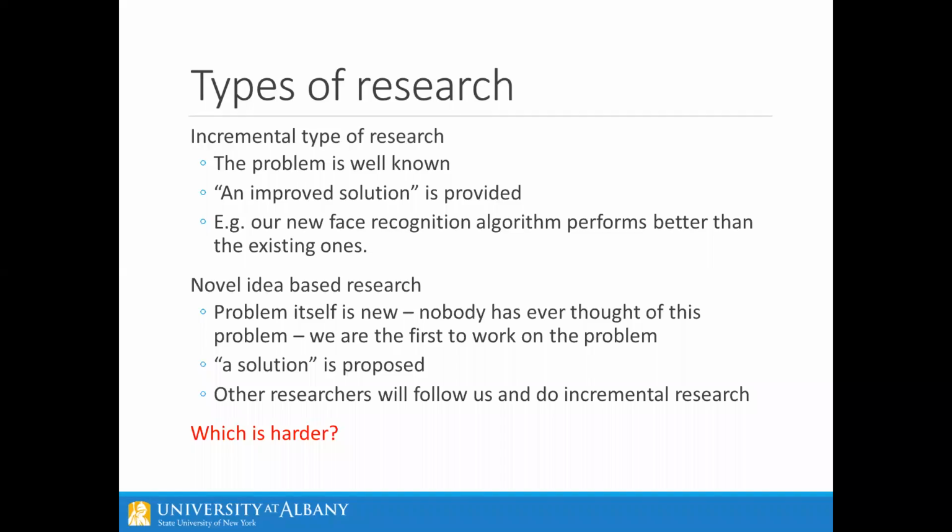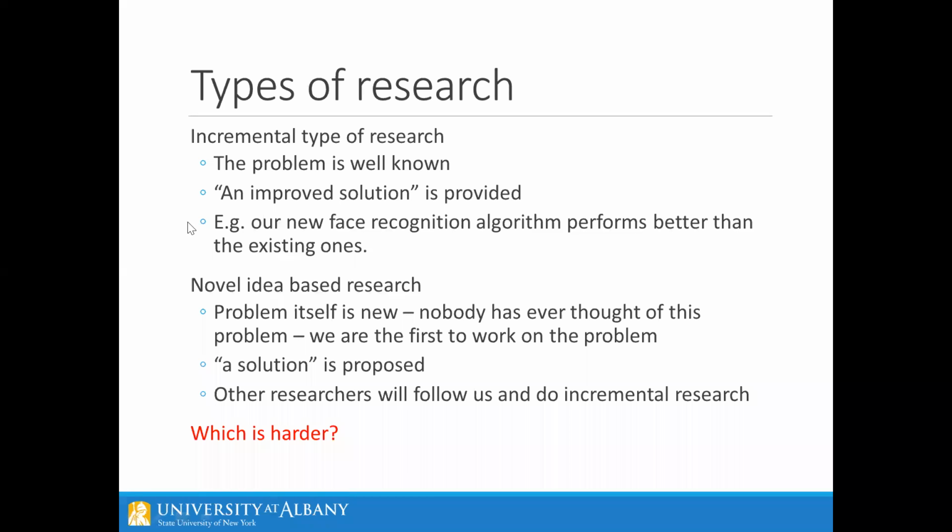Face recognition is already a known problem, and many people have worked on that. And you are coming up with another solution to that problem, which is better than existing solutions in some sense. Maybe existing solutions had 90% accuracy, and you are coming up with a method which has 92% accuracy. So you are doing incremental kind of improvement in that field.